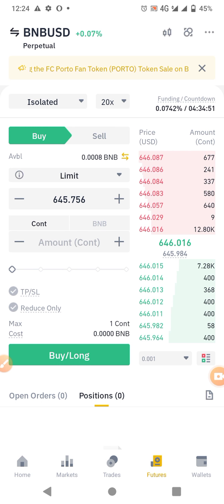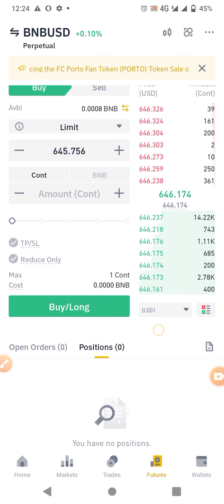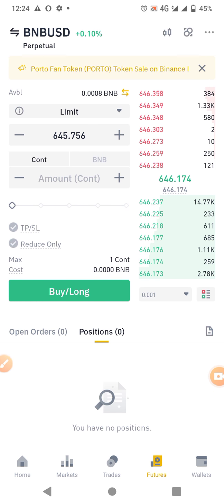That means I'm not losing much at all. So these are the ways I can prevent myself from losing my money: stop limit or stop loss. Are you getting me? So I'm not losing much. So that's that about trading features.